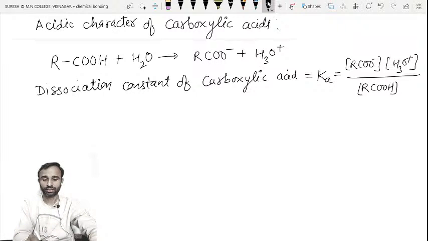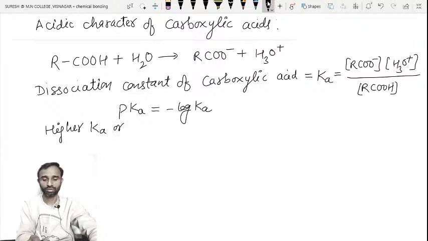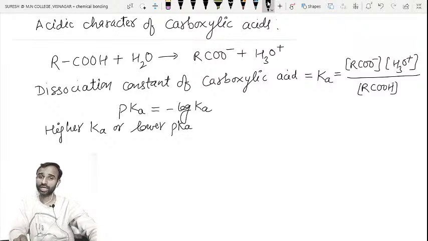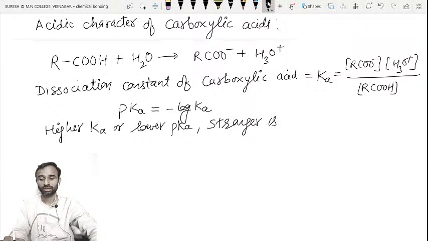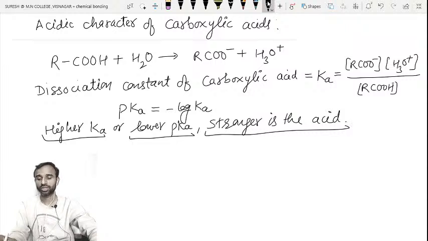And second is pKa, which is equal to minus log of Ka. So higher Ka or lower pKa, because pKa is minus log of Ka, the stronger is the acid.